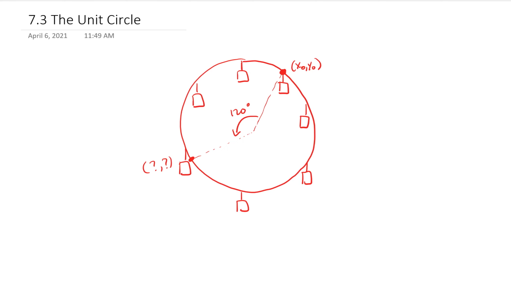So for that, we're going to need to consider the coordinates for rotations that are beyond 90 degrees. And those coordinates are going to link to the cosine and the sine function. So we're going to be looking at cosine and sine for angles that are beyond 90 degrees, and how these coordinates can vary as the angle varies.